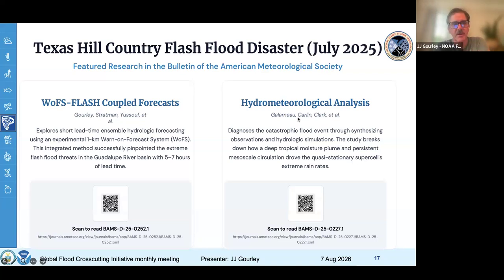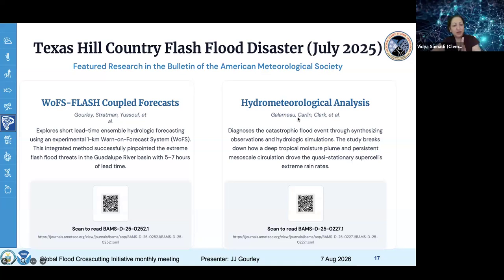In fact, this event didn't exceed that on the North Fork, so it wasn't even a record on the North Fork. The camp had been established in 1932, and there were people there and no radar, no warning system, no models back then, and only a few people died. But the difference was it happened during the day. So that's a pretty big factor.